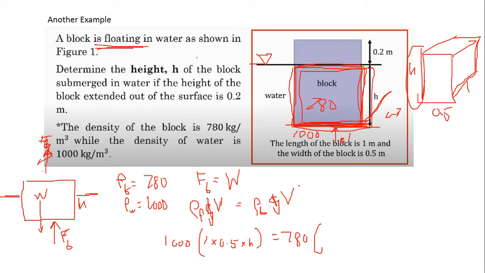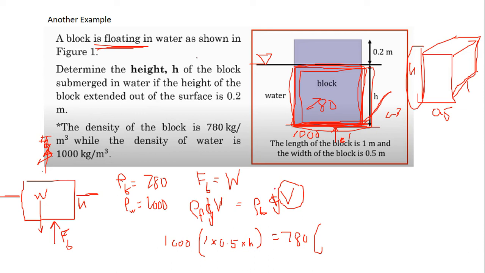So now my question, what is the V of the block? 1 times 0.5 times 0.2. Does anyone agree or disagree? 0.2 plus H maybe.